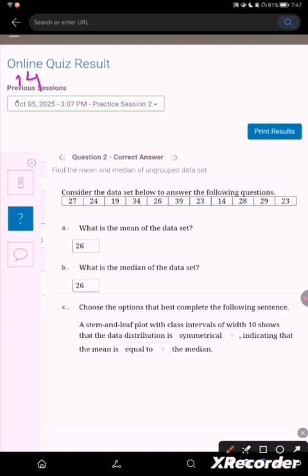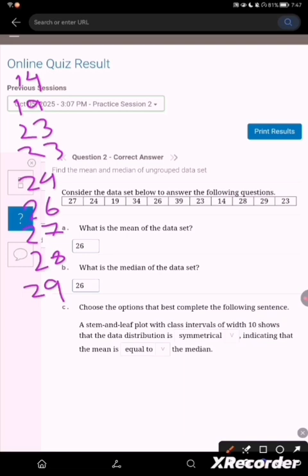Okay, here we go. So 14. And then there is 19. Okay. And 23 and 23. Okay. So two 23s. Okay. And then there is a 24, 26, 27, 28, and 29.